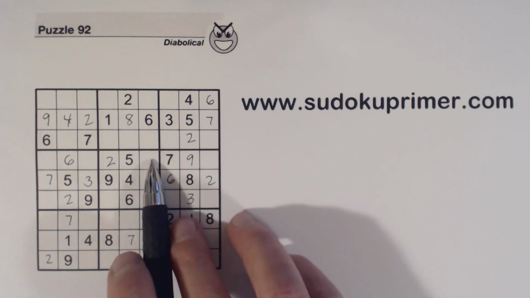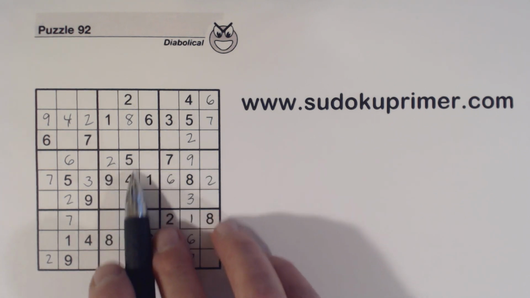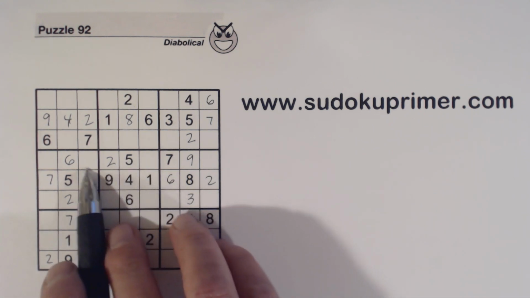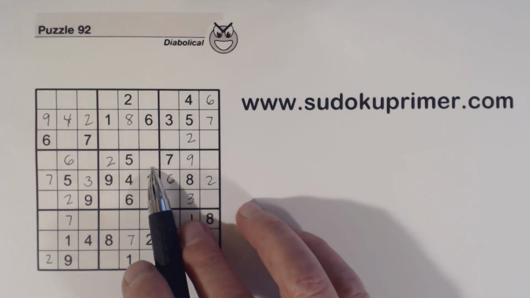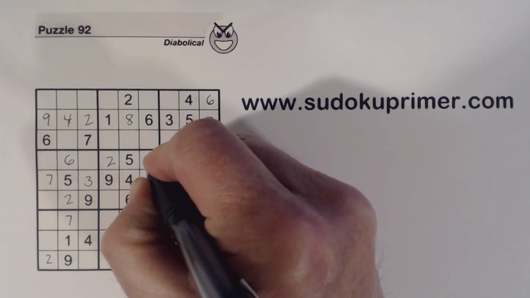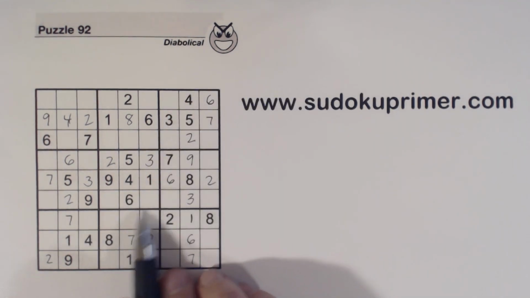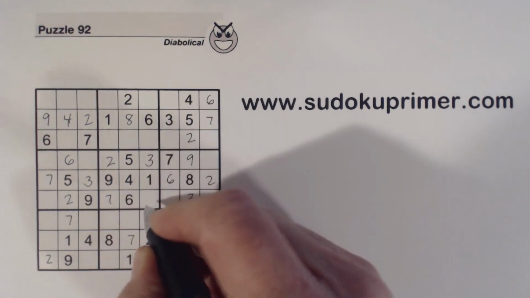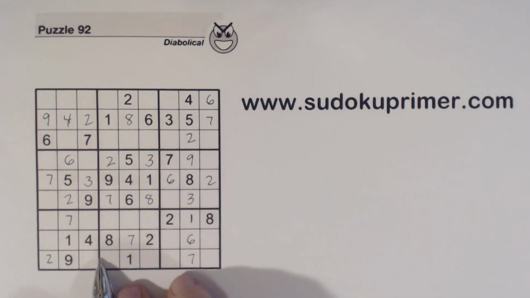Now we're missing 3, 7, and 8 here. We've got a 3 here, so that's a 3. And 7, 8, there's an 8 there, so that's a 7, that's an 8. With that 8 there.